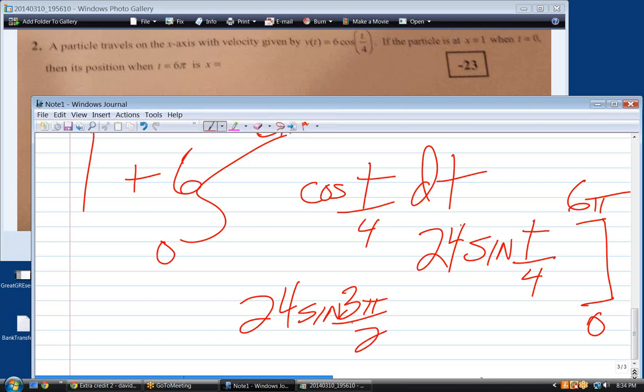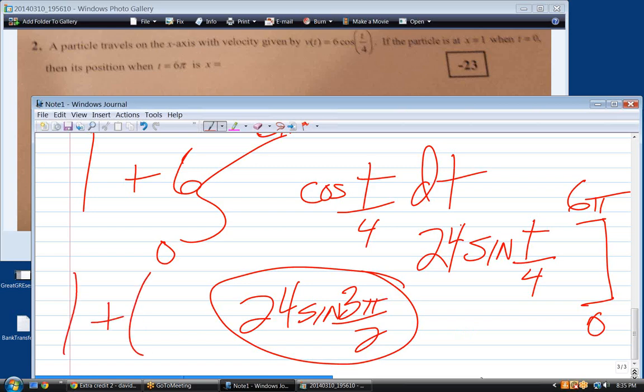What is the sine of 3 pi over 2? It's negative 1. So this all becomes negative 24. When I plug in 0, I get 0. So I got 1 plus a negative 24, or negative 23.